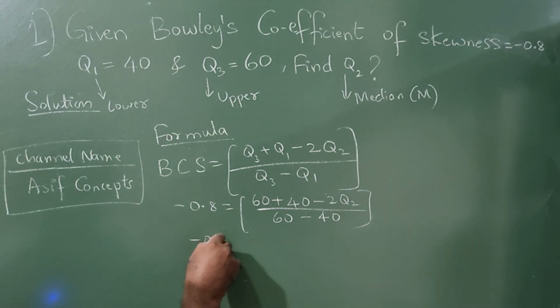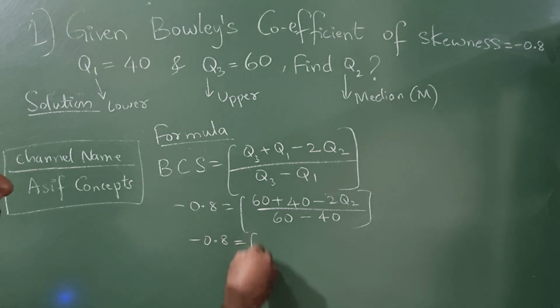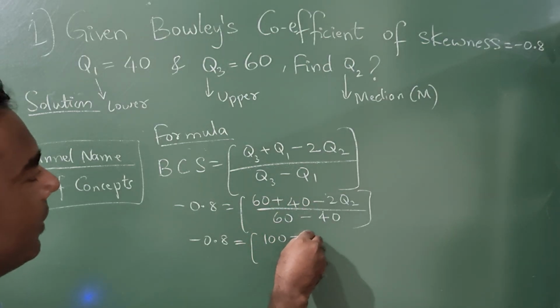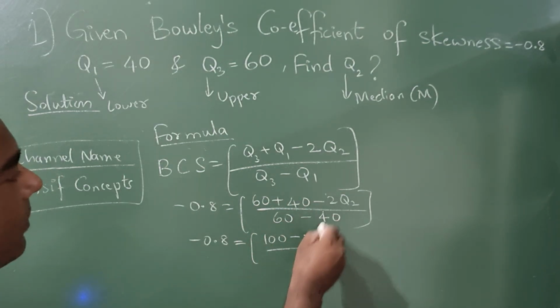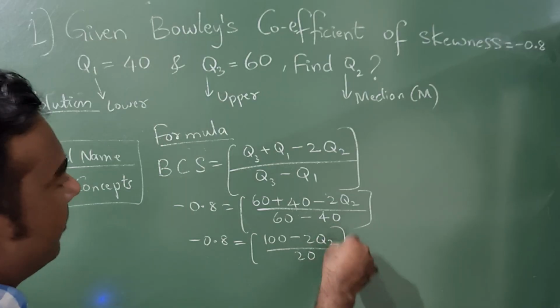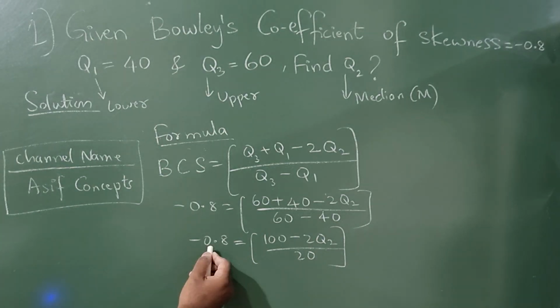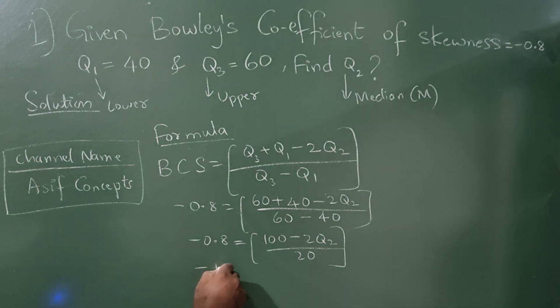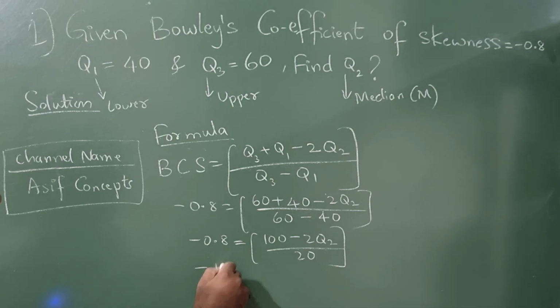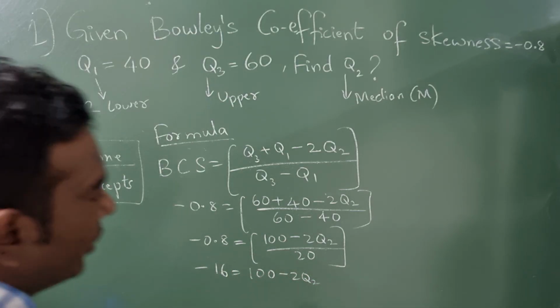Now write this minus 0.8 as it is. 60 plus 40, 100 minus 2Q2, divided by 60 minus 40 is 20. Multiply these two. If you multiply, you will get 16. 100 minus 2Q2.